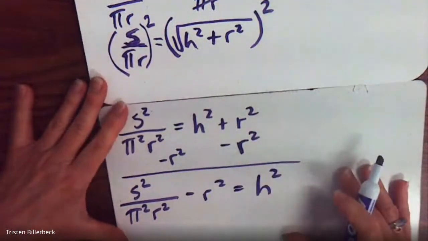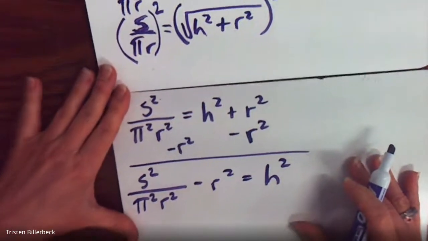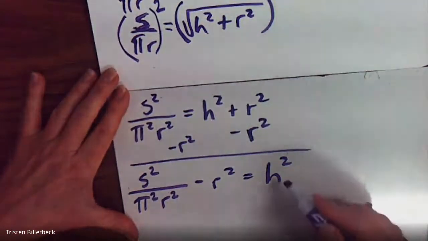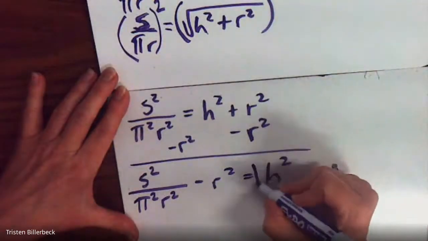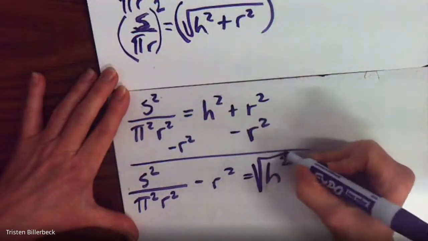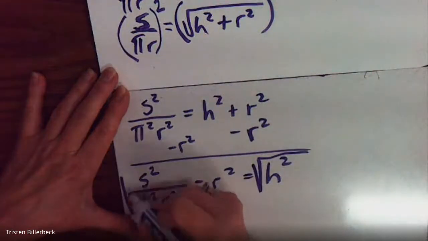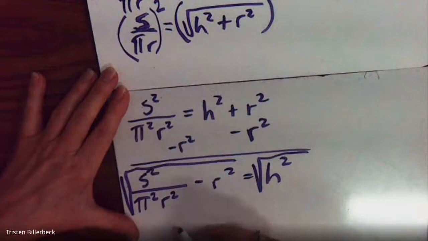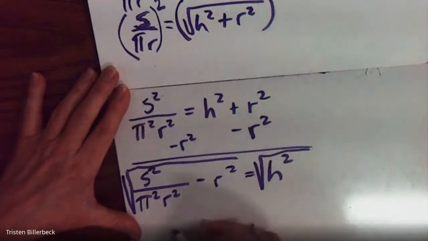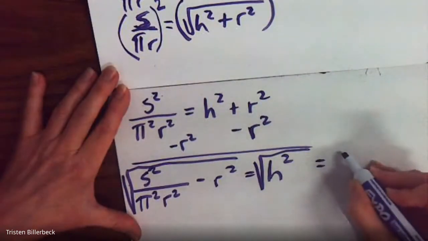But I want h, so now I'm going to use another ninja math move to get h squared to be just h. This time, instead of squaring it, I'm going to take a square root, and I'm square rooting this whole side here.